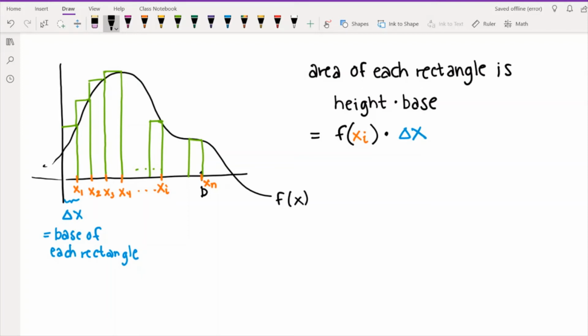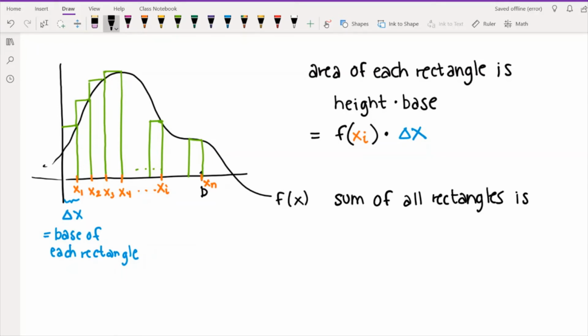But when we're doing this, we want to actually add up a bunch of rectangles. So the sum of the area of all the rectangles is going to be basically the same expression that we wrote above, but for all the different numbers.